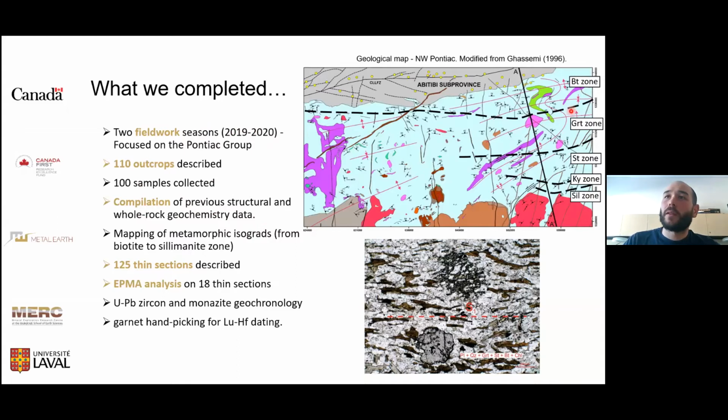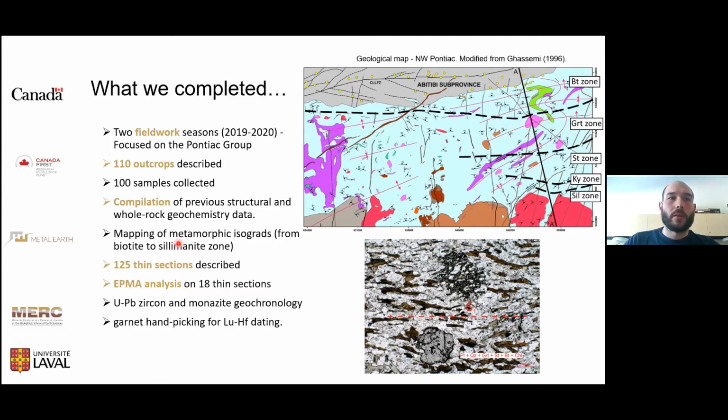What is interesting is that if you look at the maps over there, in pale blue, those are the metasedimentary rocks. It looks like the metamorphic grade is increasing from north to south, from the biotite zone, crossing the field isograds of the garnet, into the staurolite zone. This is really important because we can get an idea of the prograde metamorphism crossing all those isograds.